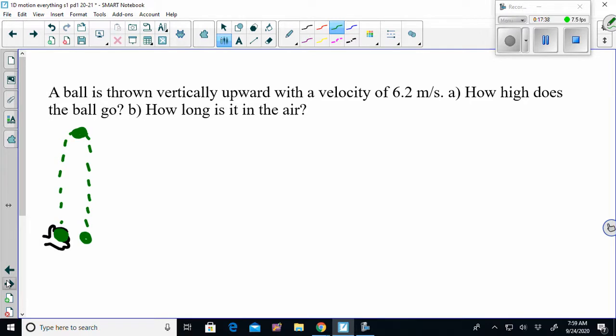It leaves with an initial velocity of 6.2 meters per second. Again, that's all I got from the problem. The rest of the things you have to kind of figure out as you go. So let's start with our list of variables.